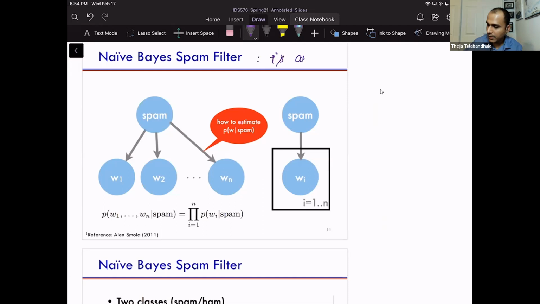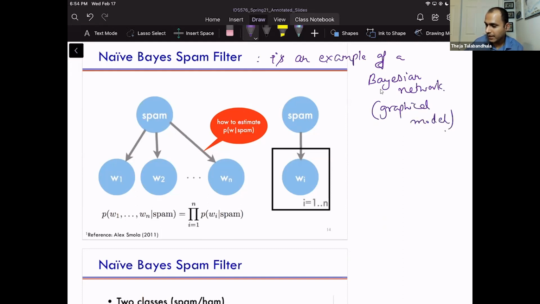It is an example of a graphical model. Actually, in fact, it will be called a directed graphical model.